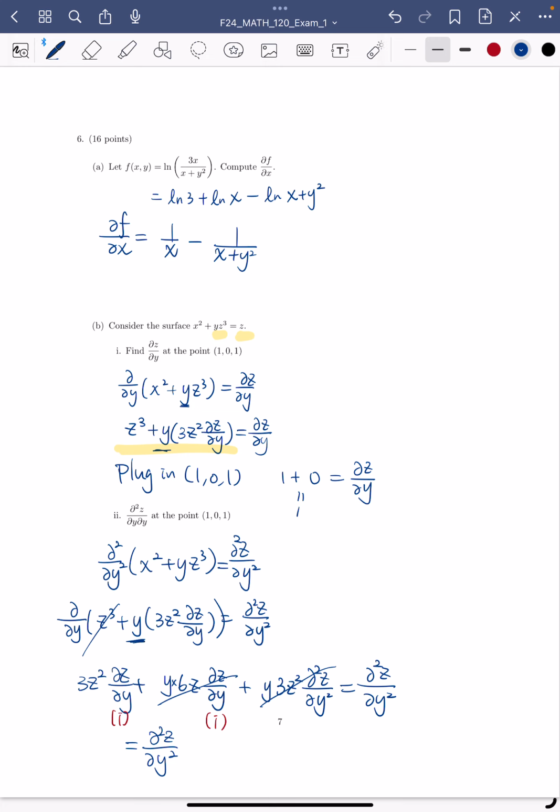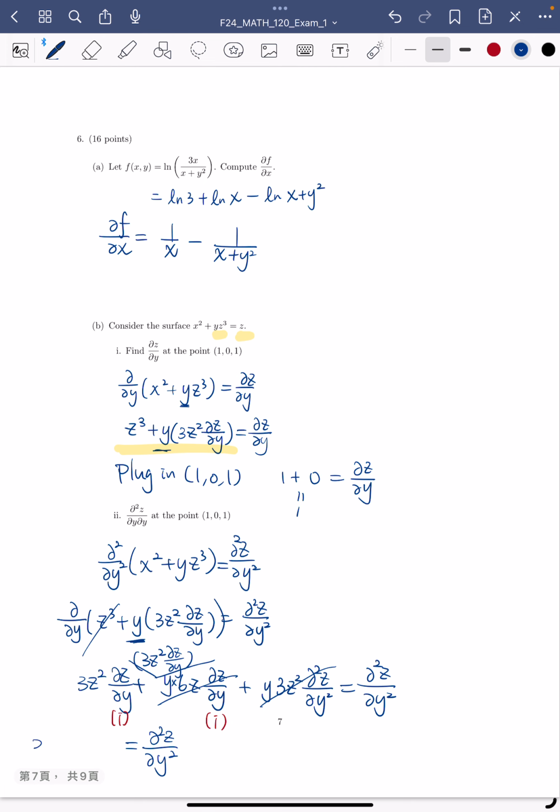As we said earlier, we have to differentiate y, but I didn't write that down, which is a terrible mistake. Let's edit here. Then now we get the answer.